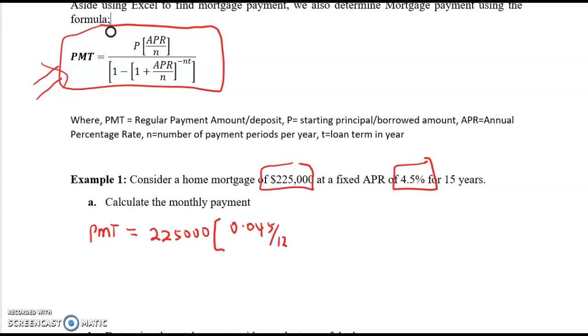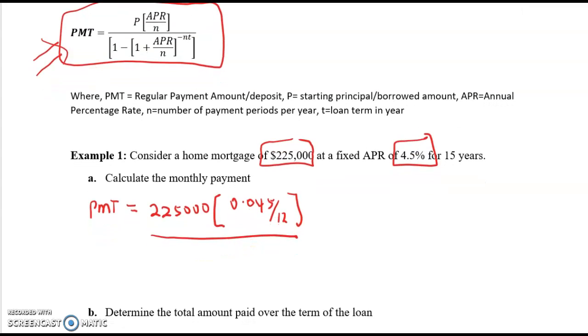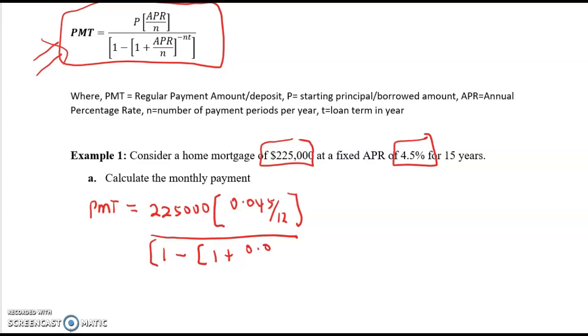We divide that by 12, over 1 minus 1 plus 0.045 divided by 12, exponent negative 12 times 15.